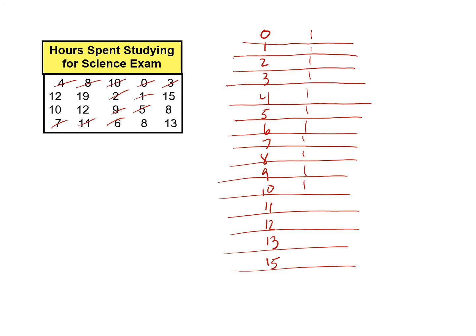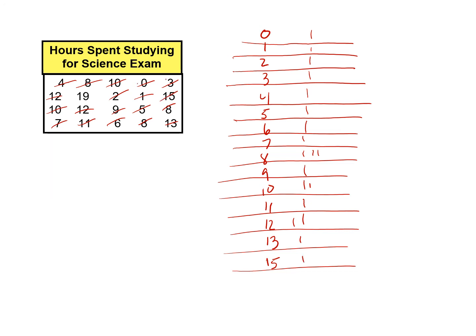Oh, 10 happened twice. 11 happened once. 8 happened 2 more times. 12 happened twice. 13 was once. And 15 was once.